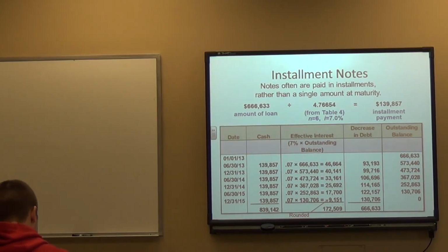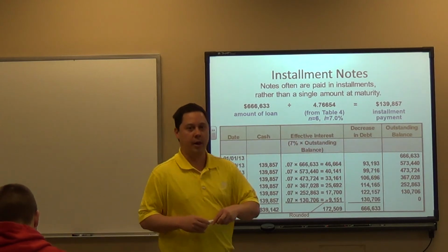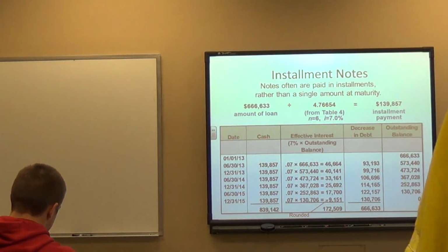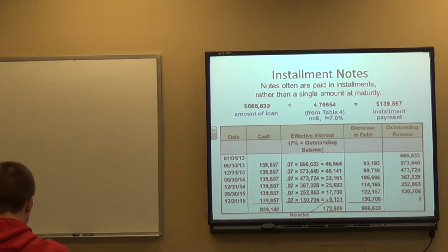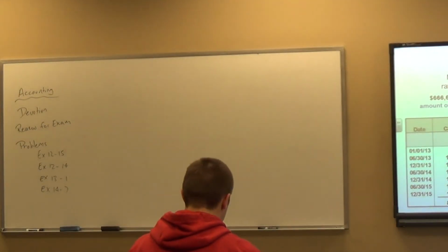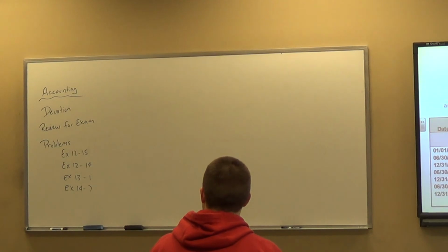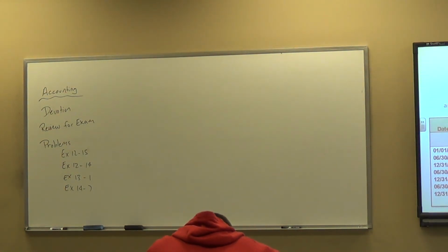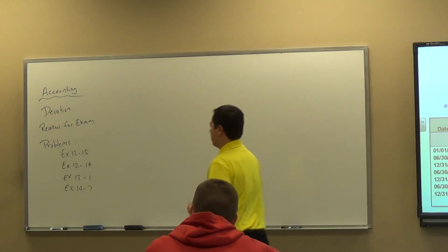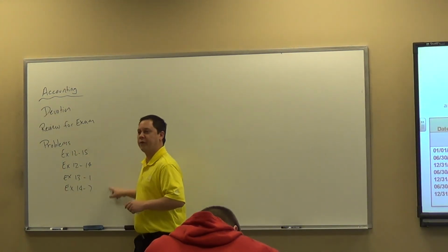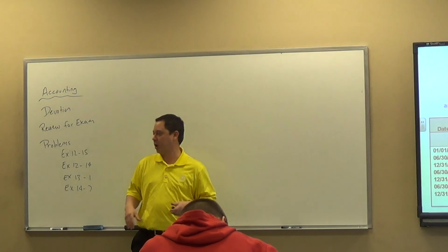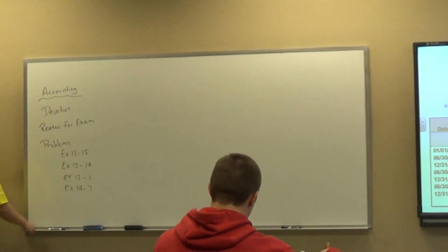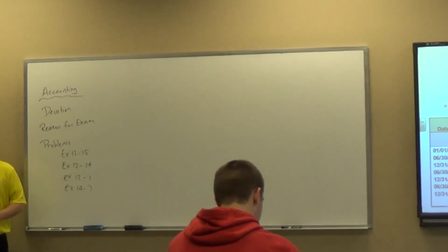All right, so what we're going to work on is a few problems here. Now, if we finish those, I have another one I may add in there with a little bit of amortization. All right, so these are the 3 or 4 problems I want you to work on. I'm going to give you roughly 15, 20 minutes to work on these, and then I will go over these with you. And I want you to spend some time working on these. So it's EX 12-15, 12-14, EX 13-1, and 14-7.